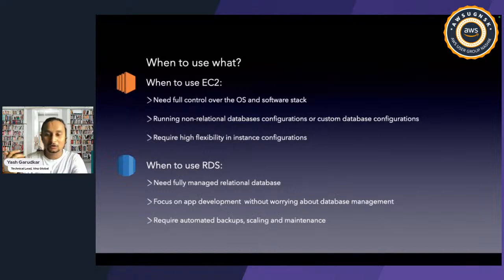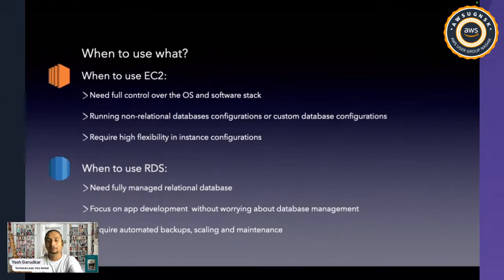When you require automated backups, which has proved a boon for a lot of software companies, automated backups, scaling and maintenance, right? So when it comes to software or a website, let's say, the end user, all they are going to care about is whether it is available where they're using it right now or not. And a lot of blunders can happen.